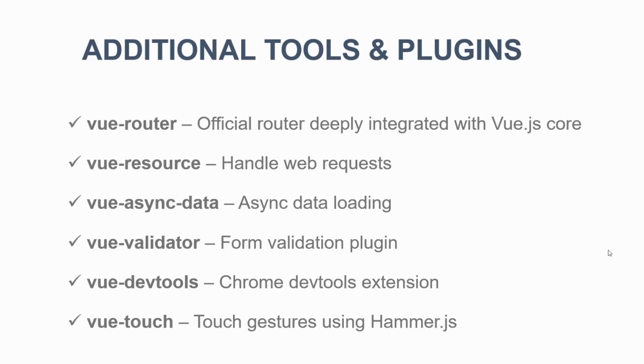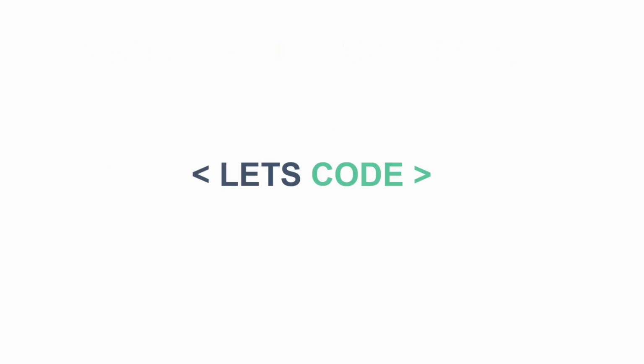Vue-validator, which is a form validation plugin. Vue-dev-tools, which is an extension for Chrome, much like the React extension or the Angular extension, and then Vue-touch, which handles gestures using Hammer.js, which I've never actually used, but it is available. All right, so that's it for the slides. Let's go ahead and jump in and take a look at some code.